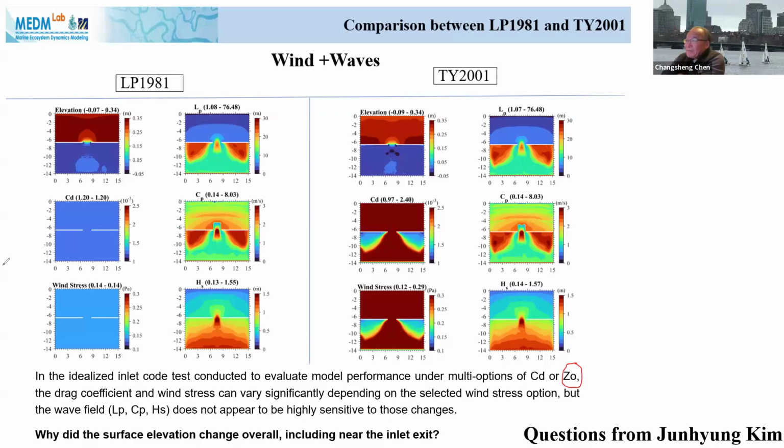Currently in FVCOM, we actually included the other two drag coefficient schemes. But for those two, we need to calculate the friction velocity, the u star. So those two are much more complicated, but they also need to be considered if you try to simulate some extreme weather.